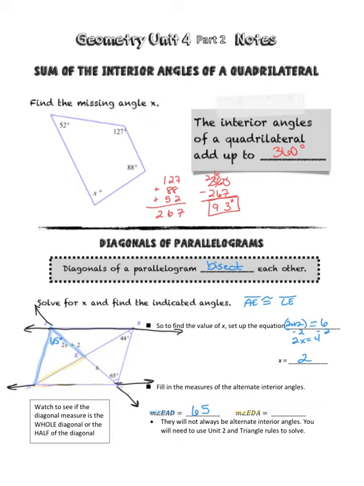Clean up my little messes. Put my line back. Put my highlighter back. All right, EDA, this way. Same concept with the alternate interior angles. Angle EBC is 44 degrees. So is EDA.